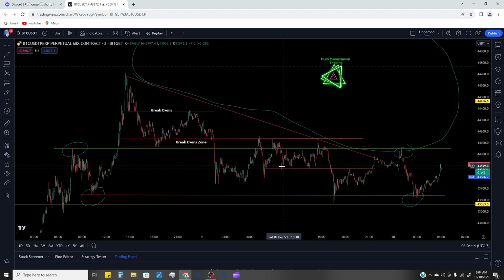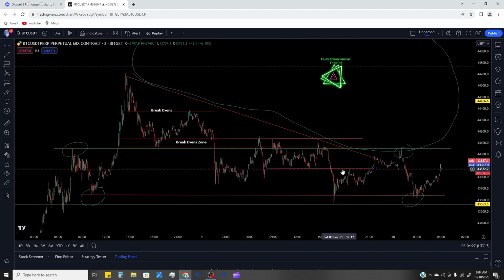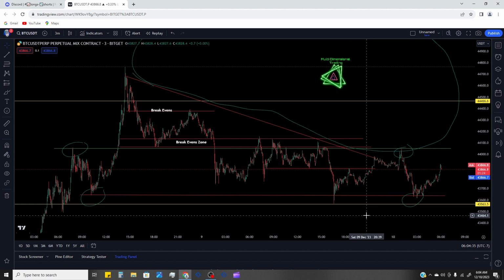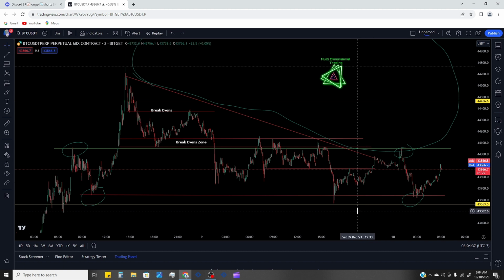If you can see how people consolidated in here and then it flushed them out, comes back up, short right there at break evens, right? Those buyers turn sellers or support turn resistance, right? This is what we're looking for to determine quick trades. I just like looking at it on a larger time frame.